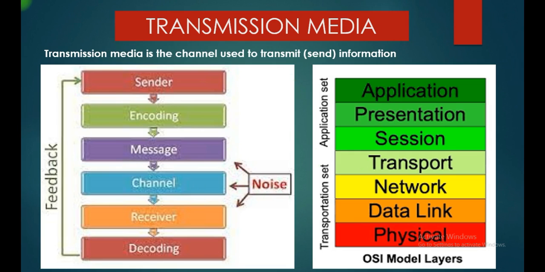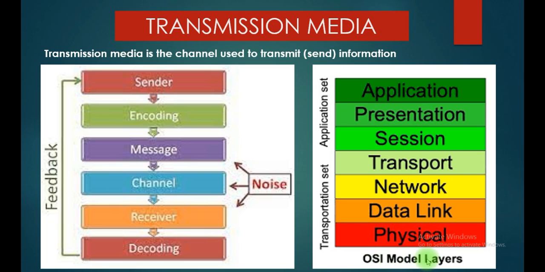We'll come across things like attenuation, and because of attenuation, it is important to think about the type of medium or media you're going to be using in the network environment.